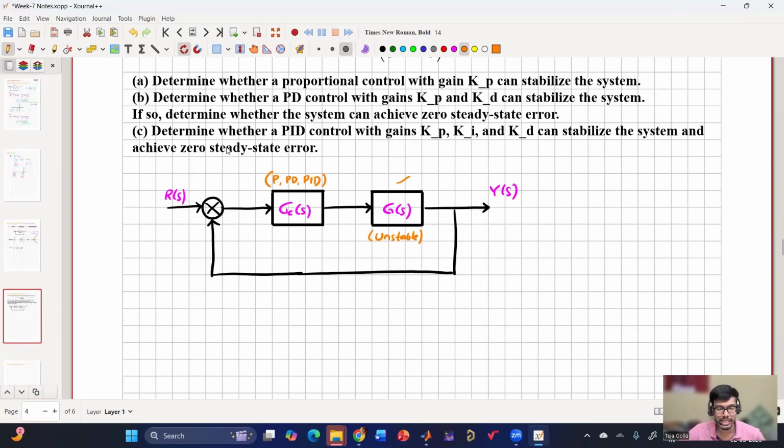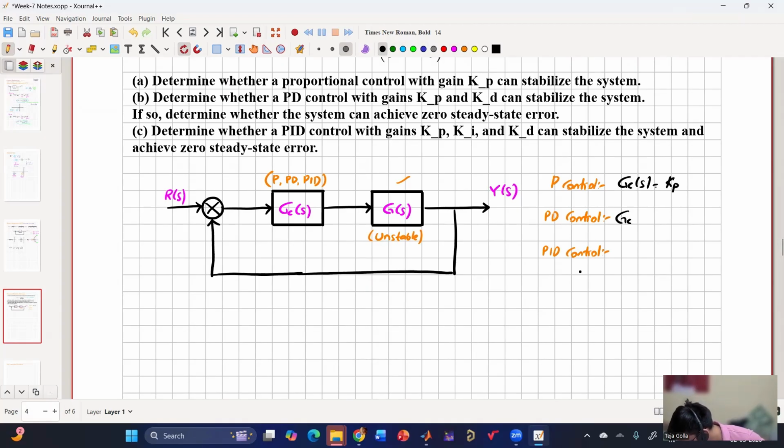And now we have to see each one. Say if it is P control, if it is PD control, if it is PID control, we'll have to see what the transfer function looks like. So in this case, Gc(s) will be just a gain Kp.